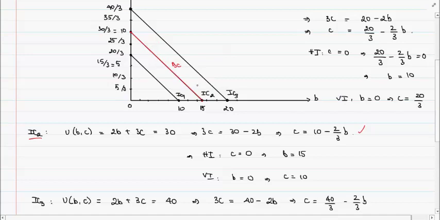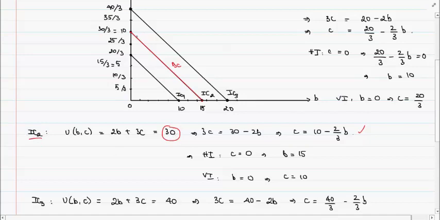Any point on the budget constraint gives the consumer exactly the same utility of 30, because they are lying exactly on top of indifference curve 2, and we know that every bundle on indifference curve 2 has a utility level of 30.